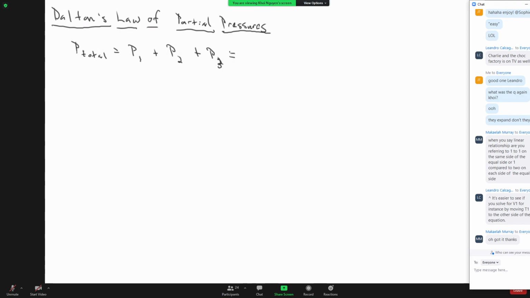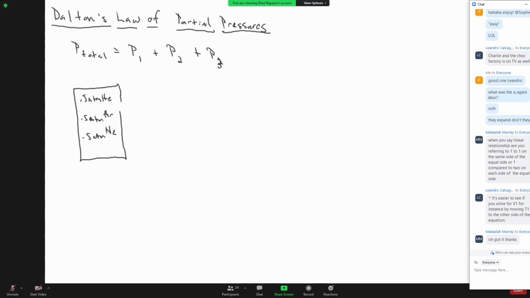So let's say we have 3 different gases in a container. So here's your container. Let's say we have helium, argon, neon, each at half a mole or half an ATM.